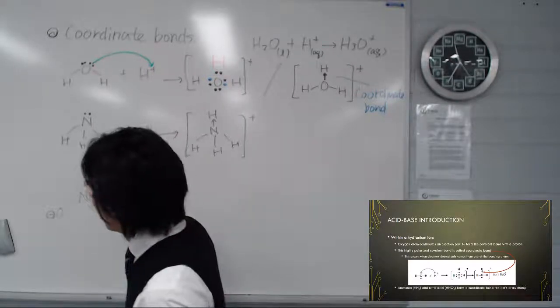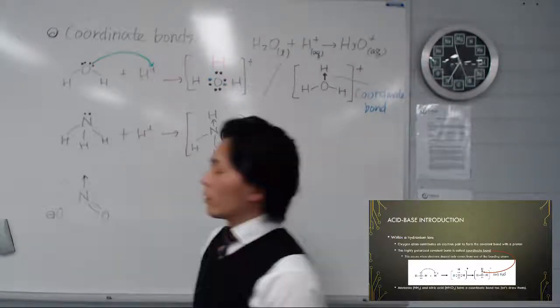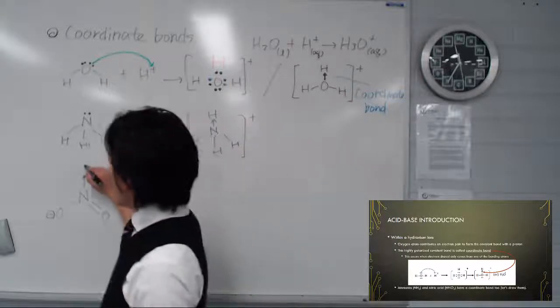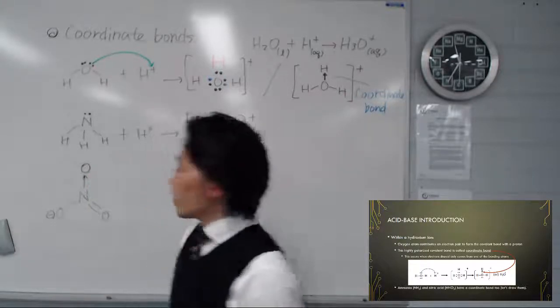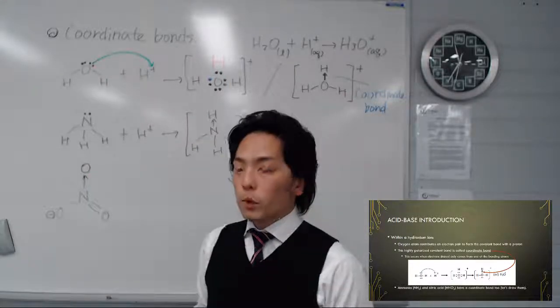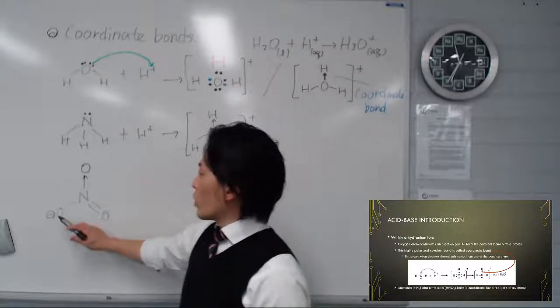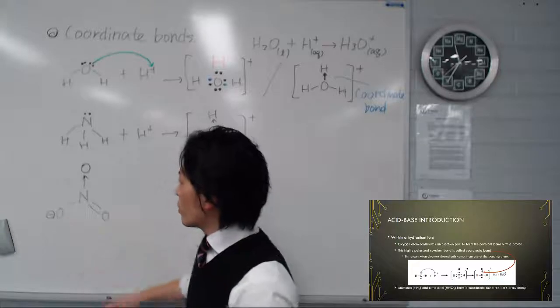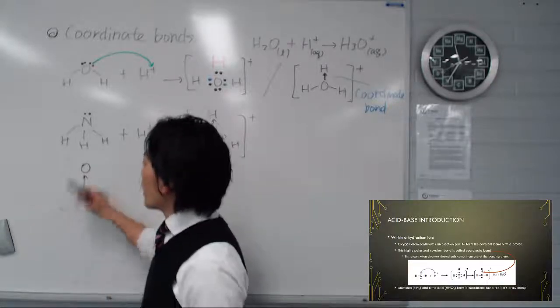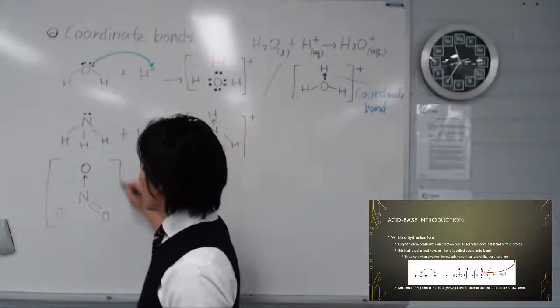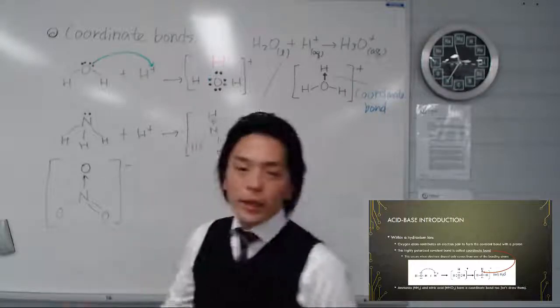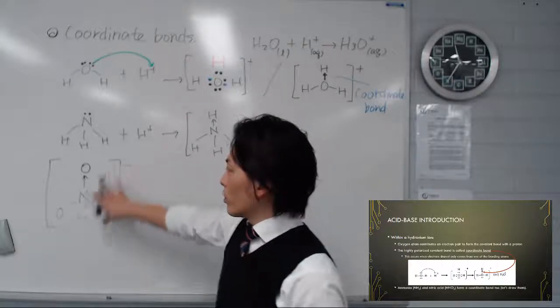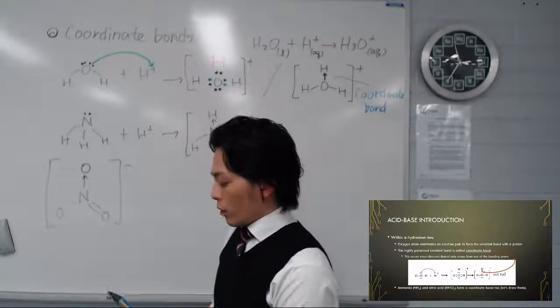But the pair of electrons can be used to make a bond with oxygen. So then you will have NO3 with a negative charge on top on this oxygen. So as a whole, for nitrate ion, you will see this kind of configuration.